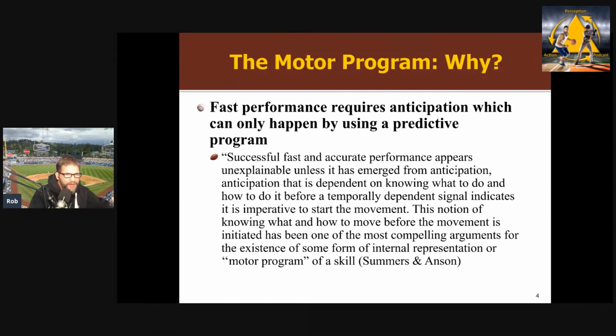And how else could we do anticipation without some form of motor program that's going to use that information to program the movement ahead of time? Using anticipation essentially involves starting the process of moving, whether it's just programming, ahead of time. And this quote is kind of expressing that. So the evidence that we need anticipation in sports seems to support a motor program.